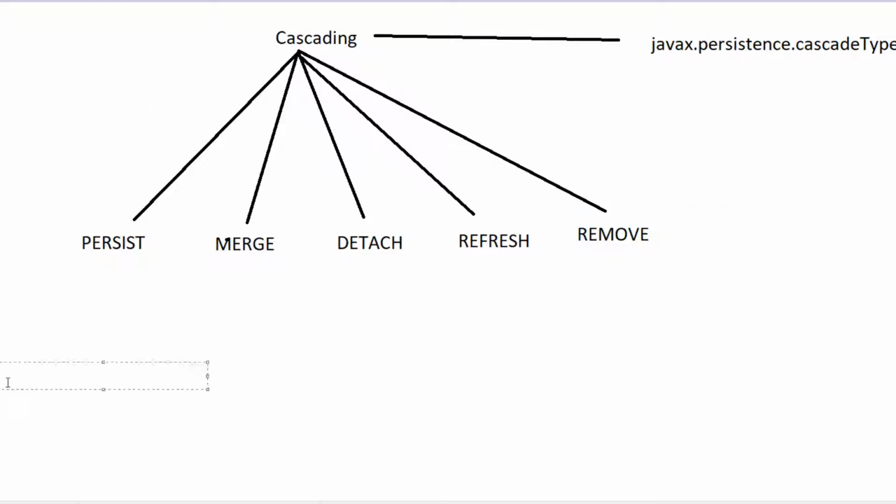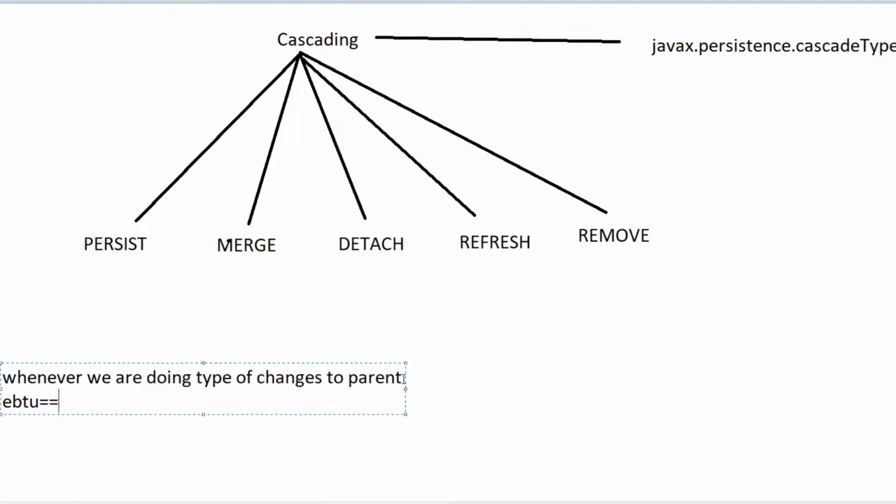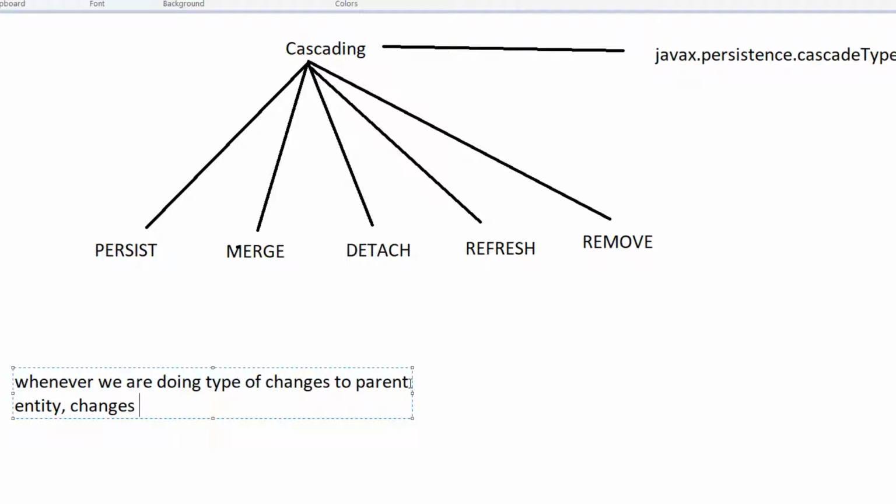All these, persist, merge, detach, refresh, remove, which come under cascade type, what they will do is, whenever we are doing any type of changes to the parent entity, the changes will also affect the child entity or related entity.